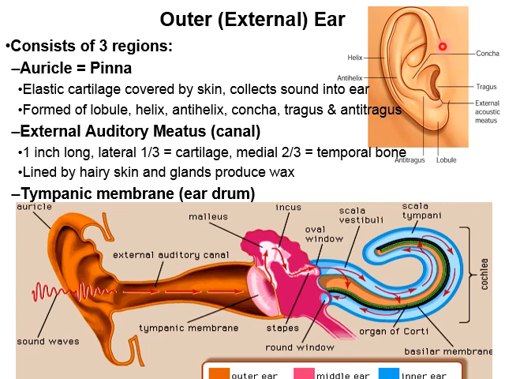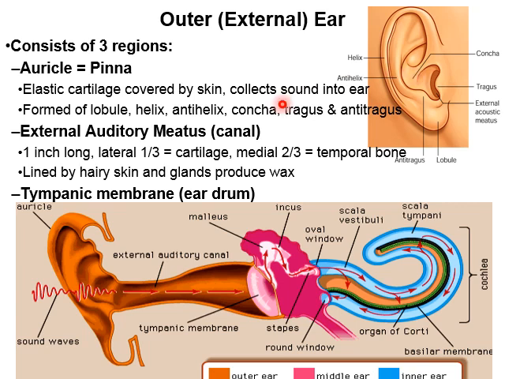The auricle is made of the helix, the antihelix, the tragus, and the antitragus, in addition to the lobule and the concha. These 6 parts are the parts forming the auricle or pinna.